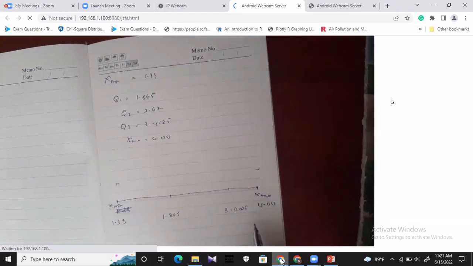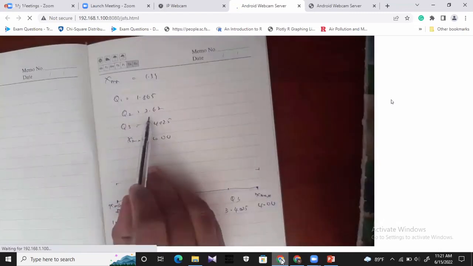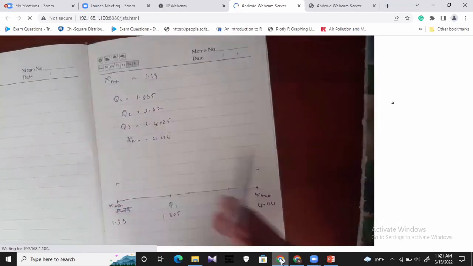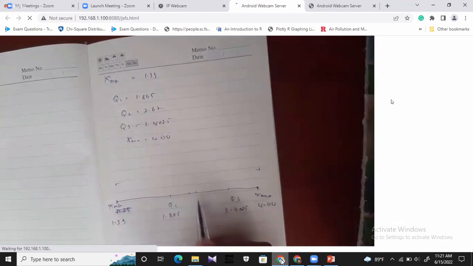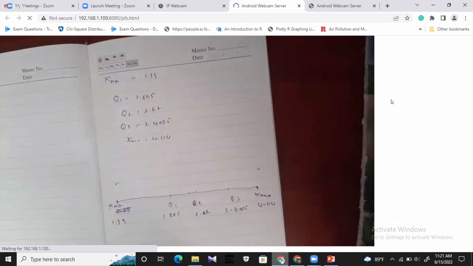That is Q1 and Q3. Then the median. What is the median? Median is 2.62. It should be somewhere here, no? 2.62 is Q2. Now we have marked all 5 measures on the horizontal axis.